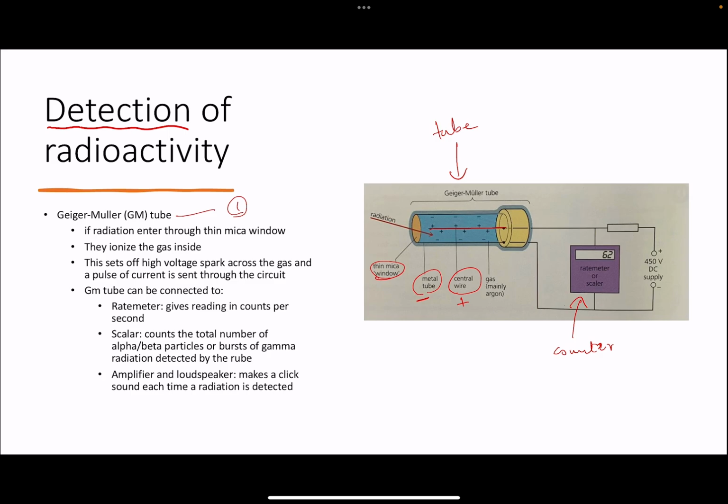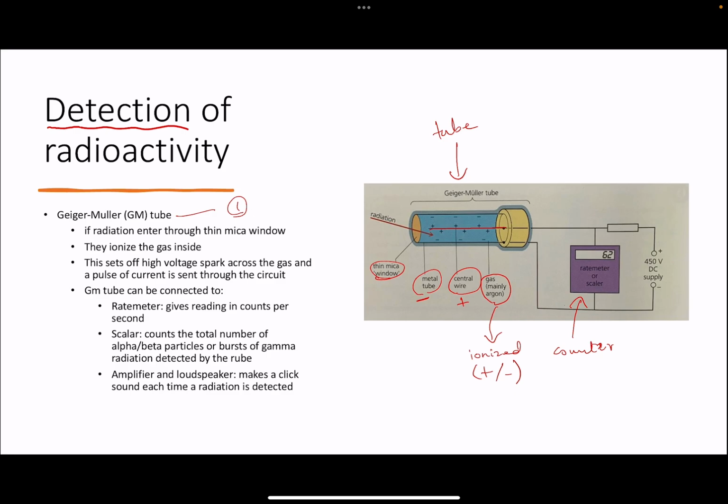So the gas that is inside the chamber gets ionized, and by ionized, the atoms of the gas get broken into positively charged ions and negatively charged electrons, and they get attracted to the oppositely charged electrode.